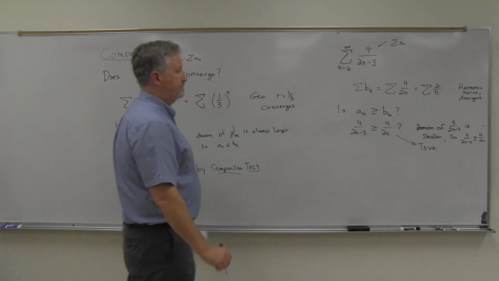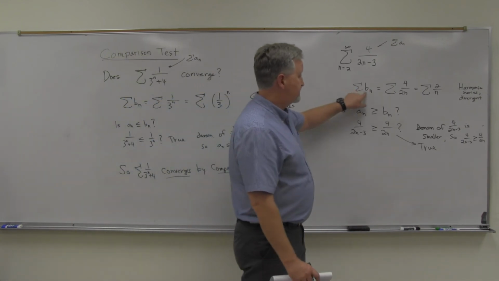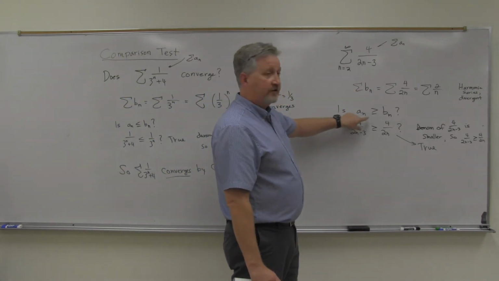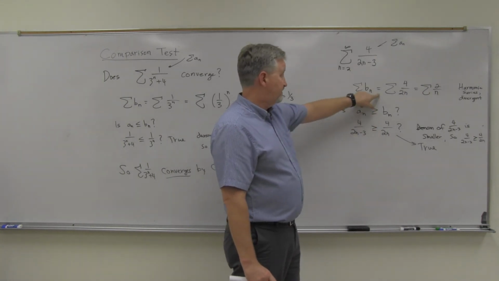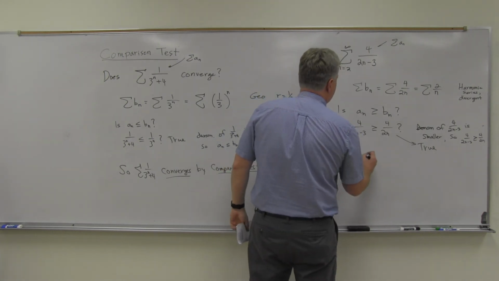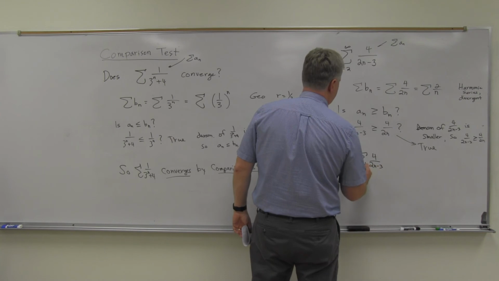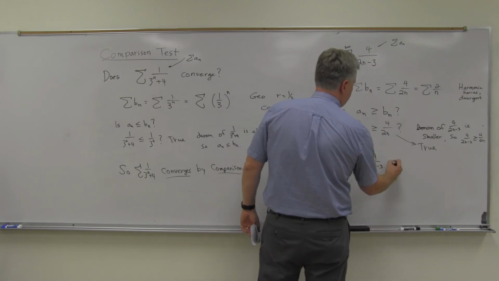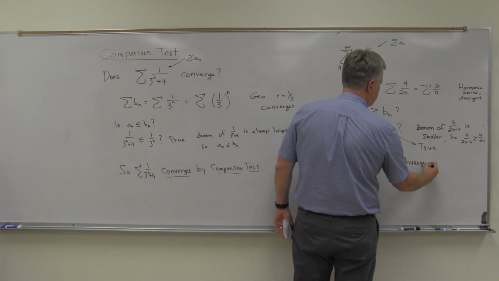Okay. Because of that fact, I've got it, don't I? Because b sub n is divergent, the a sub n's are greater, that's got to be divergent. If that's divergent, then that's got to be divergent. By the comparison test.